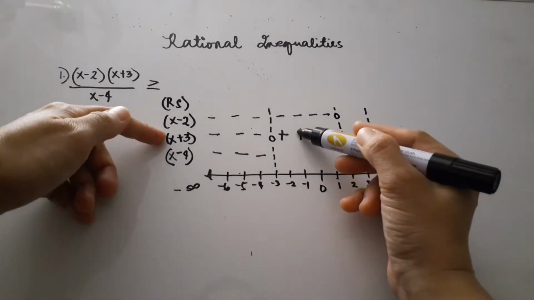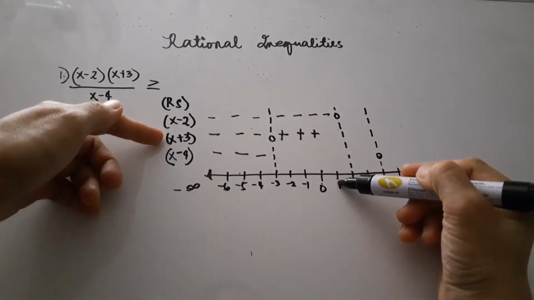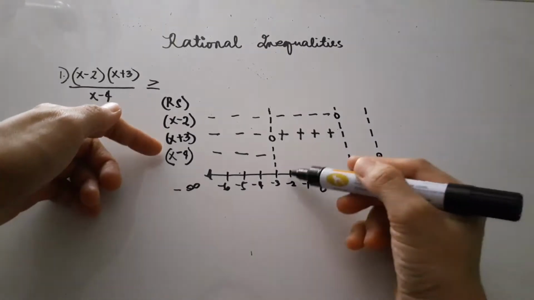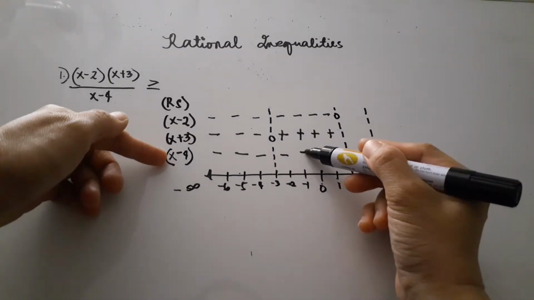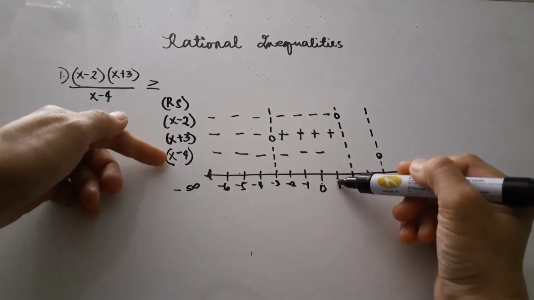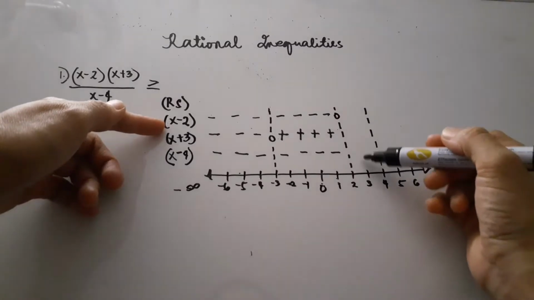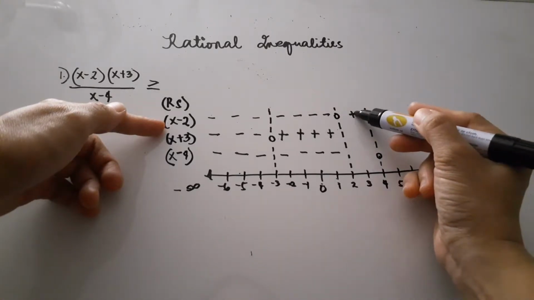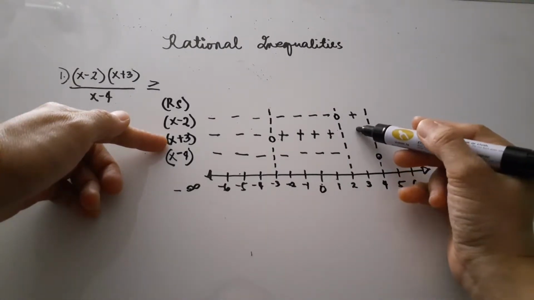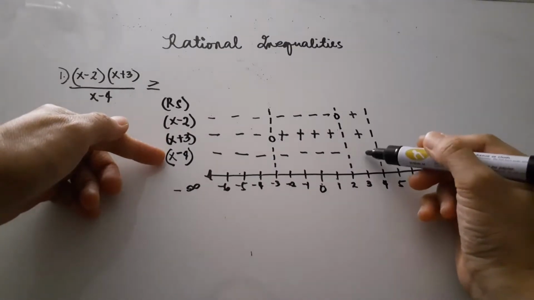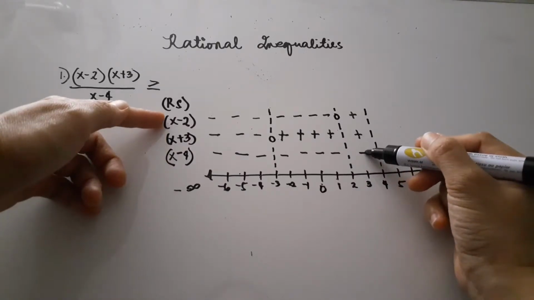And for x plus 3, since the larger value is positive, it is all positive, since all the numbers here are larger than negative 3, so we can use positive. For x minus 4, it becomes negative, since 4 is the larger value than these numbers. Then we have the value of x is positive 3, so 3 plus 3 is positive, and 3 minus 4 is negative.